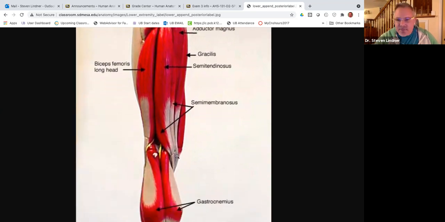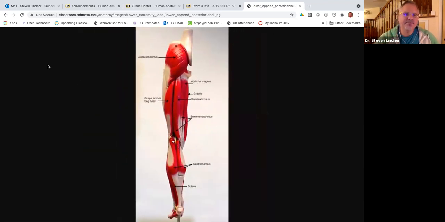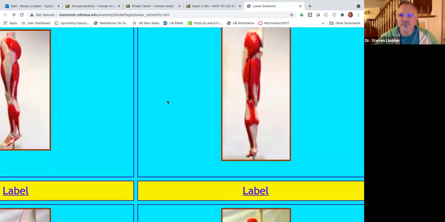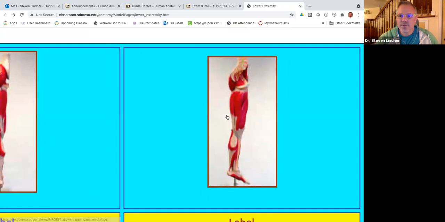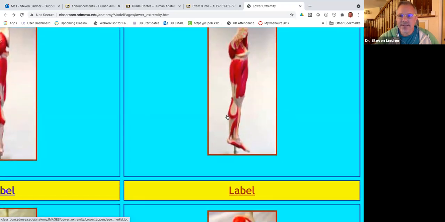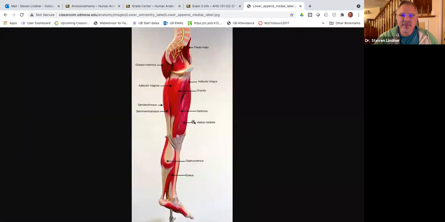Now from this view here, we could see a little bit of the pes anserine. Remember I said the goose foot? So I'm going to show you that when we rotate the knee more medially, which we'll look at now. Let's look at the medial side of that.